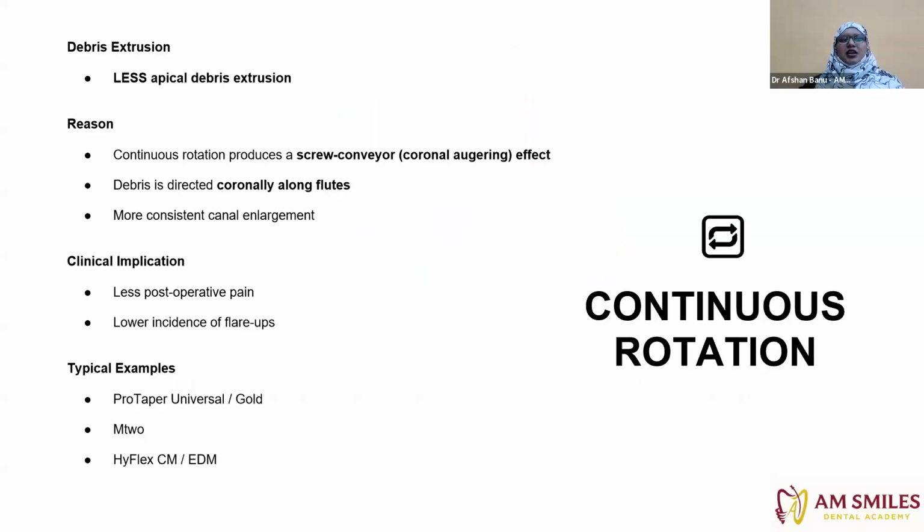Now the problem is, whenever you have a continuous rotation, your apical debris extrusion is less. Whenever it rotates, the debris will move up like a conveyor belt, towards the coronal region. So post-obturative pain and a lower incidence of flare-ups can be seen in continuous rotation cases.